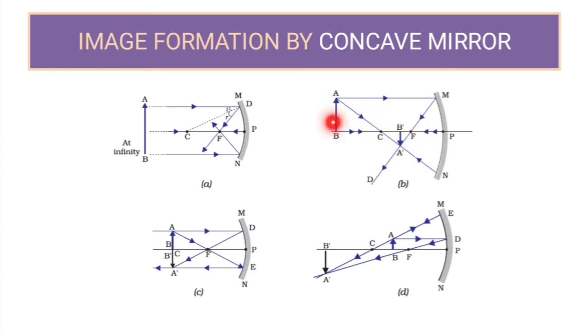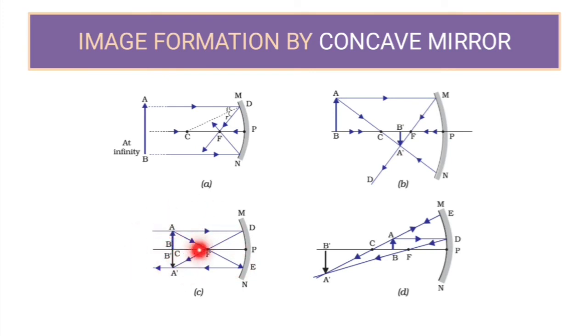I will repeat, the object is beyond the center of curvature and the image is forming between the center of curvature and focus. Now you will observe that the size of the object and the image is different. The image is smaller than the object.